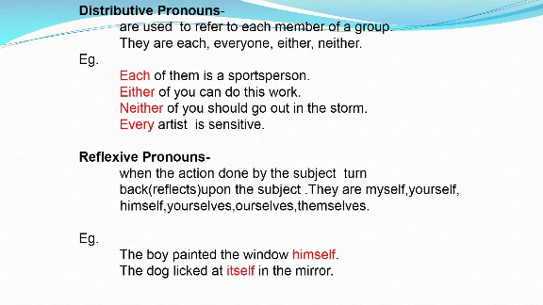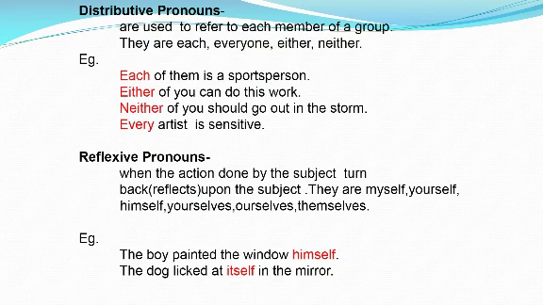Each is used for a small group of people and every is used for a large group of people. Either means two persons are there and from these two persons anyone can do this work. Neither means nobody.